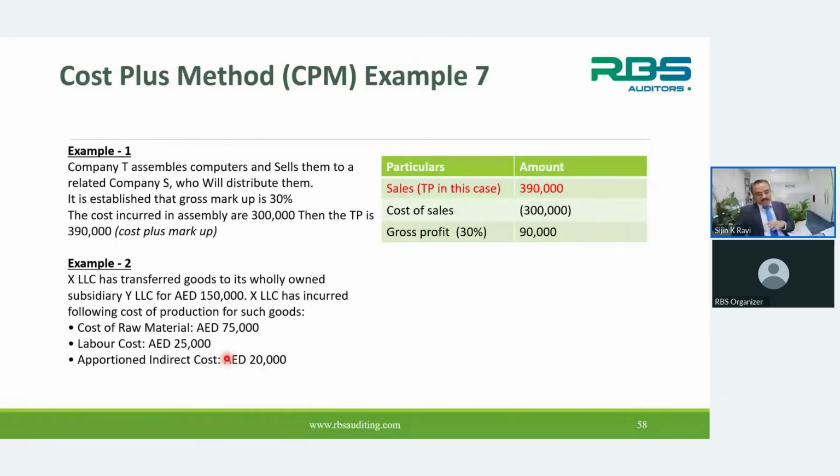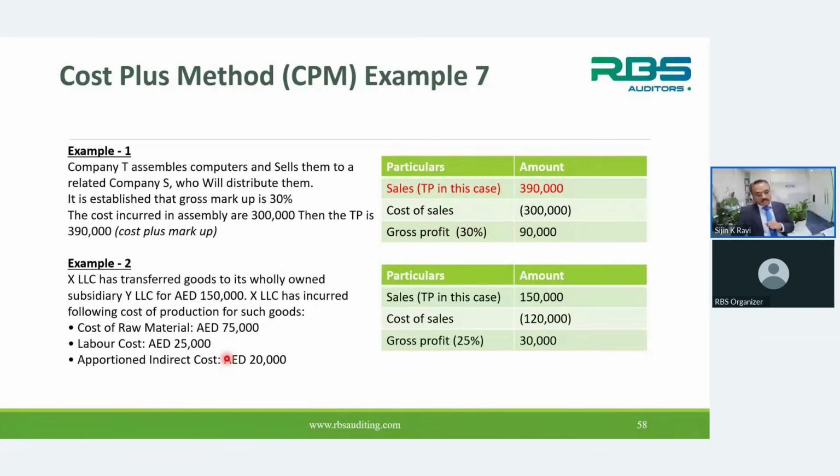Another example, X LLC transferred goods to wholly owned subsidiary Y LLC for 150,000. X LLC has incurred the following cost of production for such goods. Cost of raw materials 75,000, labor cost 25,000, apportioned indirect cost 20,000.